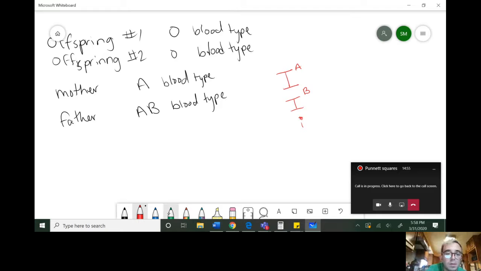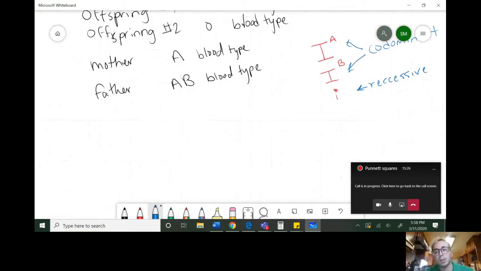These 2 are what we would say codominant, meaning that both of them will be expressed if present. This is our recessive.